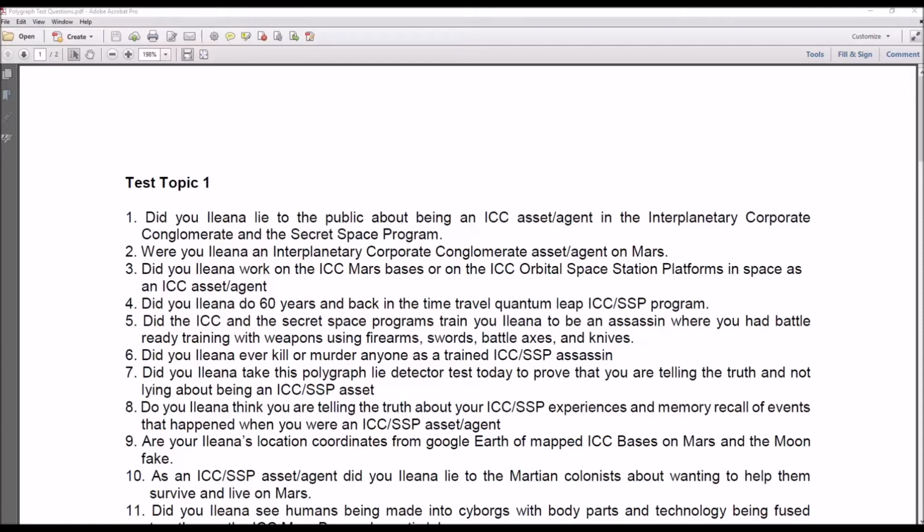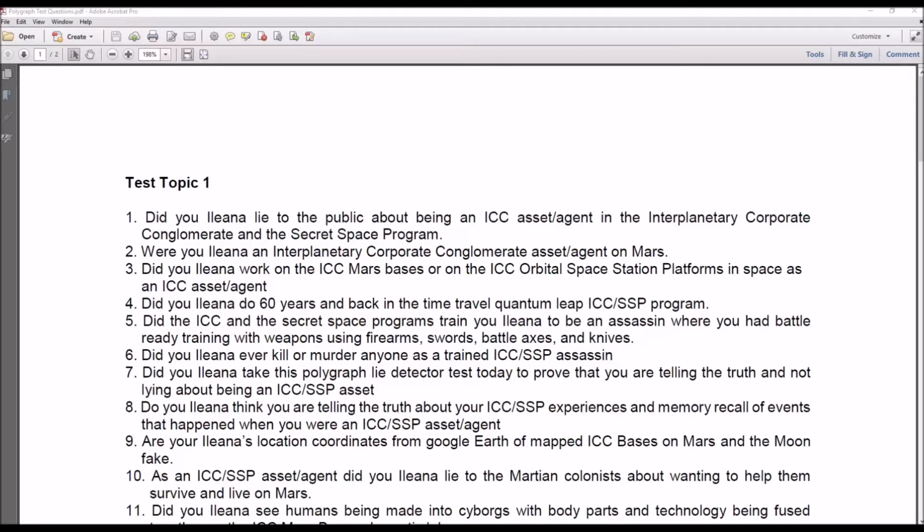If somebody ever wants to do a polygraph test about the SSP, ICC, or anything else, it's very customized to each particular person, because not every person has the same memories or experiences being in the SSP, the ICC, military abductions, alien contact experiences. It's not all the same.